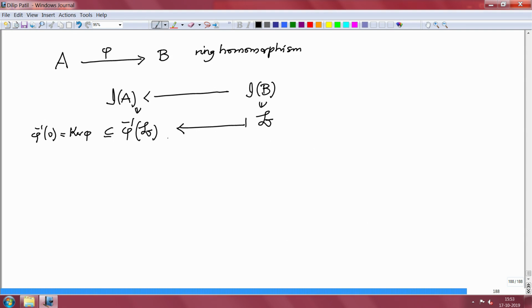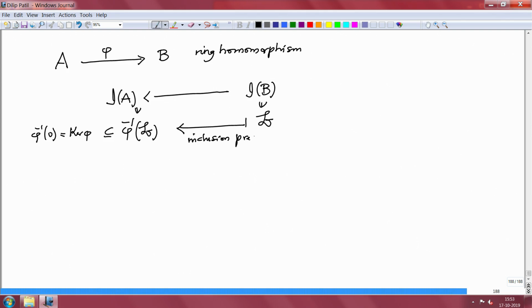And this map, I have defined a map from the set of ideals in B to the set of ideals in A, and this map is actually inclusion preserving.